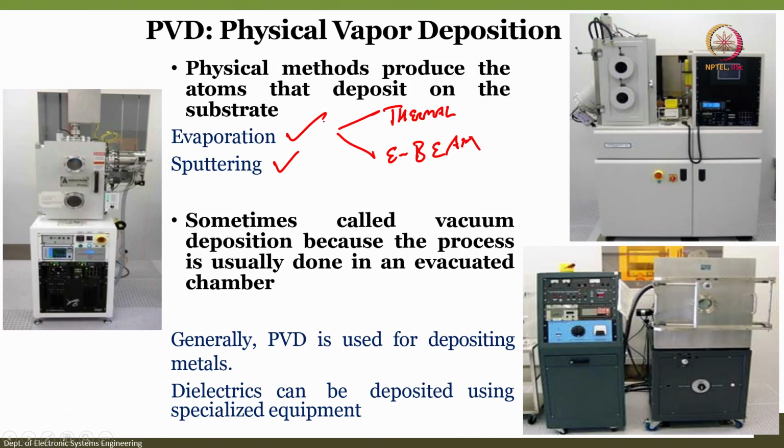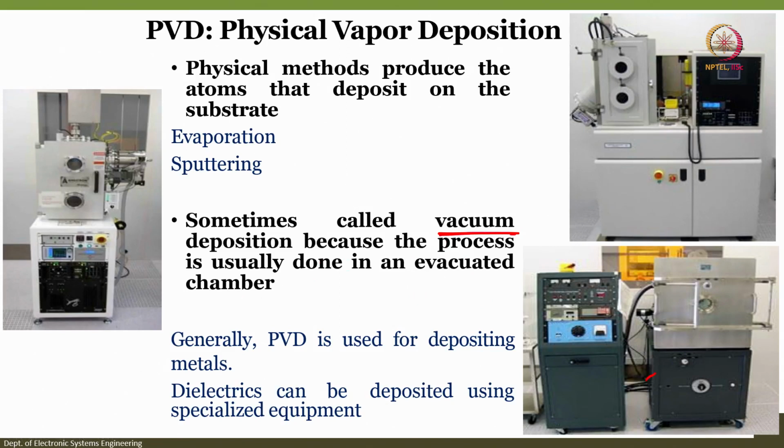But based on the way the film is deposited, thermal and e-beam fall in a similar zone, while sputtering falls in another zone. Okay. So, physical methods produce the atoms that deposit on the substrate, we can call them evaporation or sputtering techniques, and sometimes called vacuum deposition, right, because the process is usually done in an evacuated chamber.